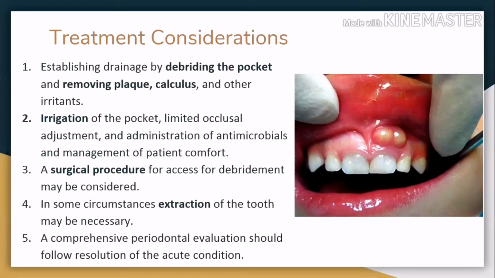Administration of antimicrobials or antibiotics, and managing the patient's comfort. For debridement, a surgical procedure may be required or considered. Comprehensive and effective periodontal evaluation should be followed to resolve the acute condition.